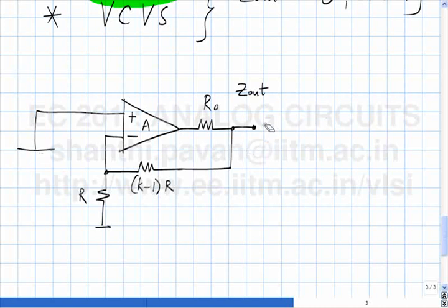Apply a voltage, measure the current. Apply a voltage, find what Ix flows.